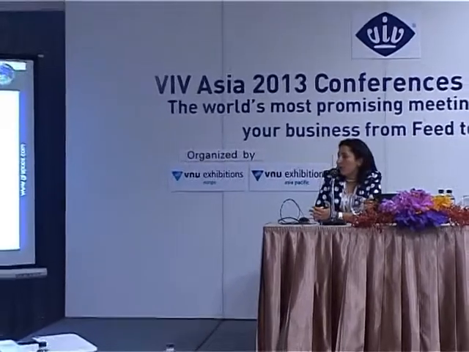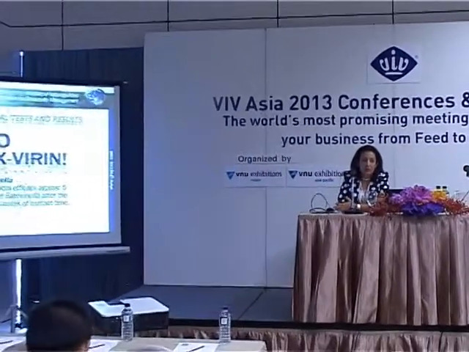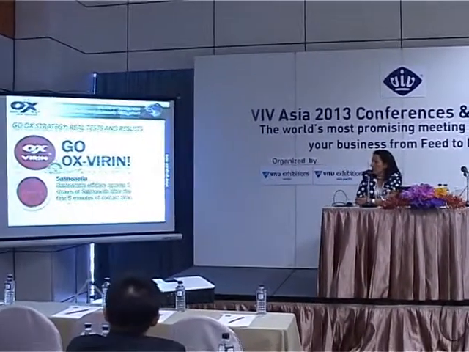Oxvirin is an ecological and effective disinfectant, especially designed to be used in facilities, tools, equipment, environment disinfection. It has been tested against different microbes, authorized by the UK DEFRA institution.